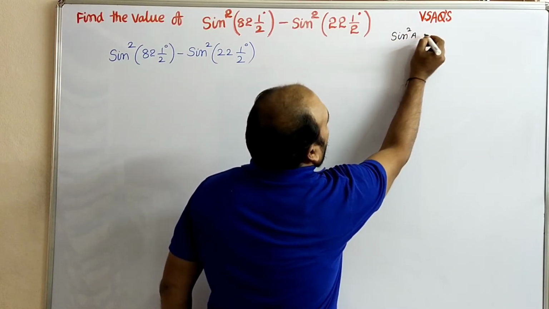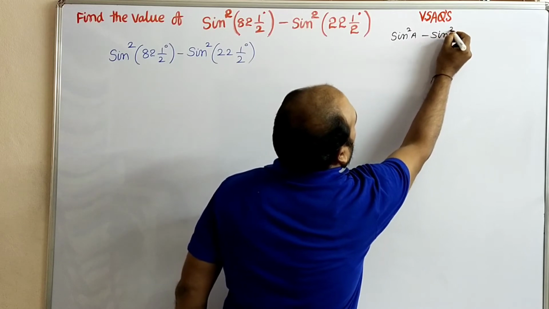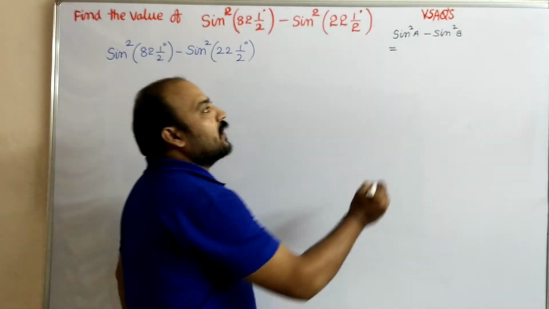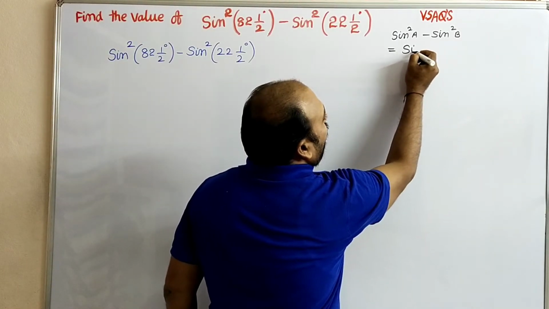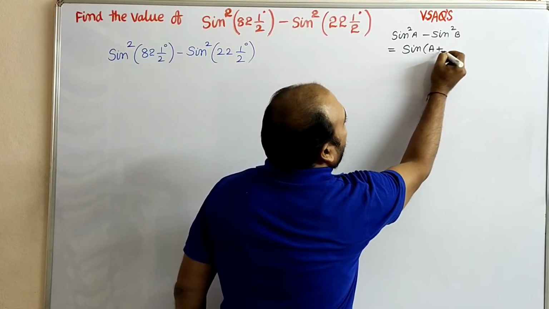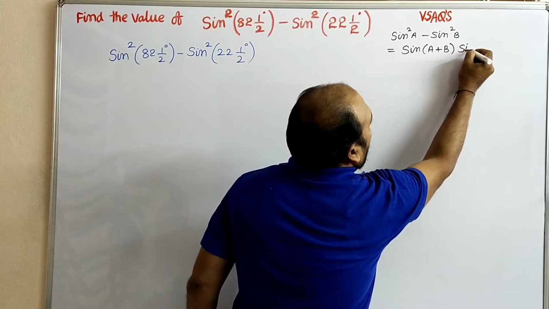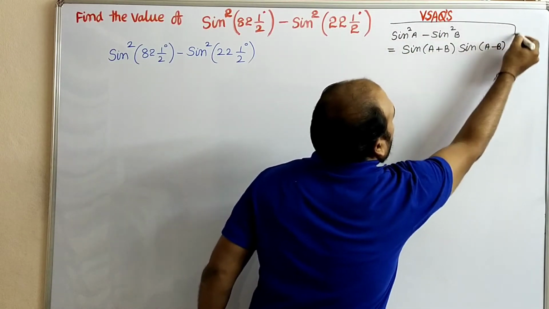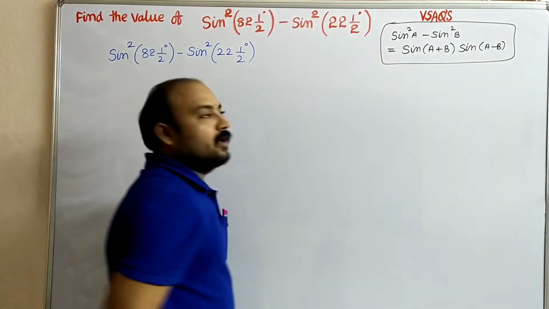Sine square A minus sine square B is equal to sine of A plus B into sine of A minus B. So this is the formula.